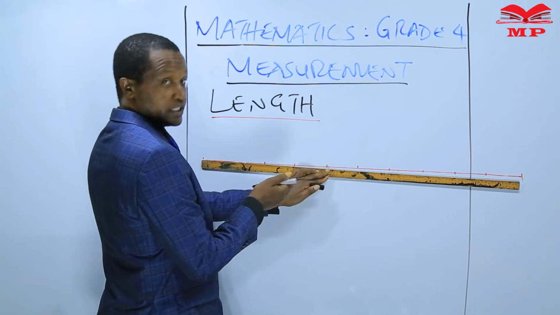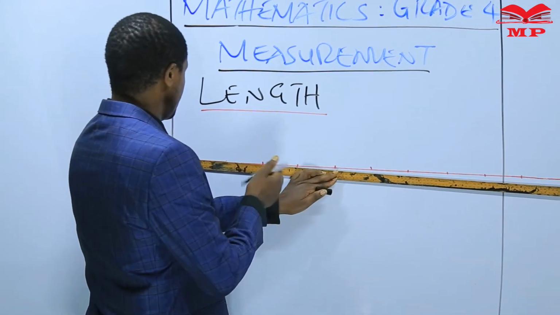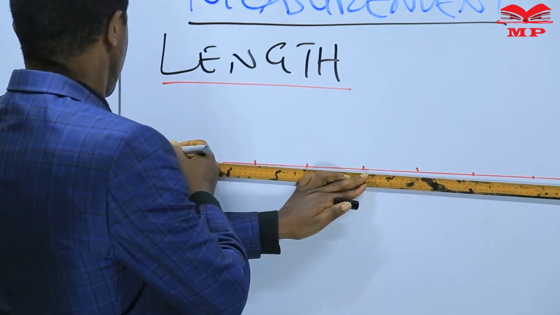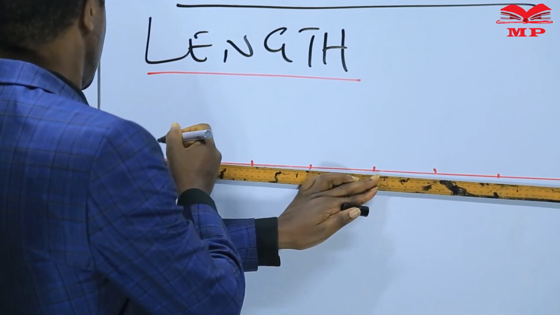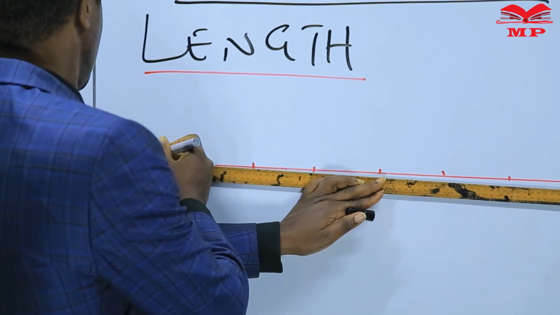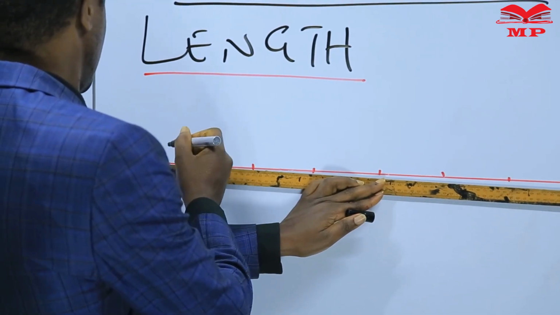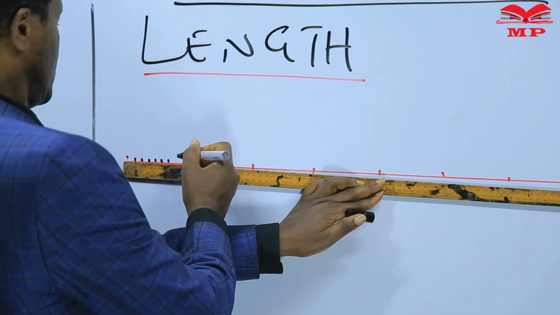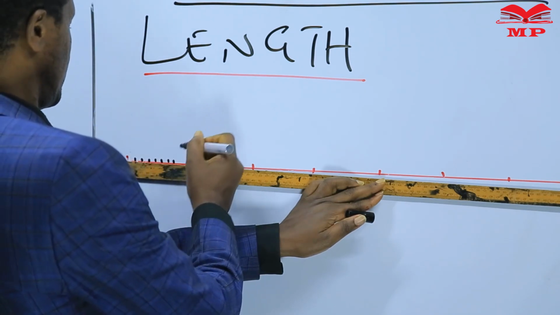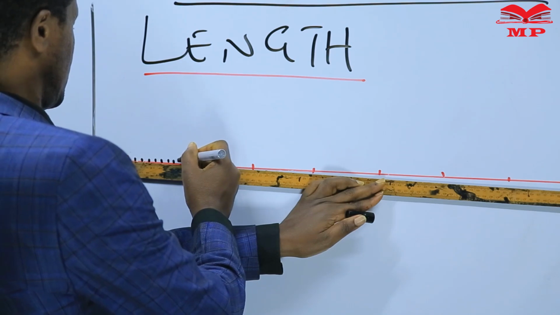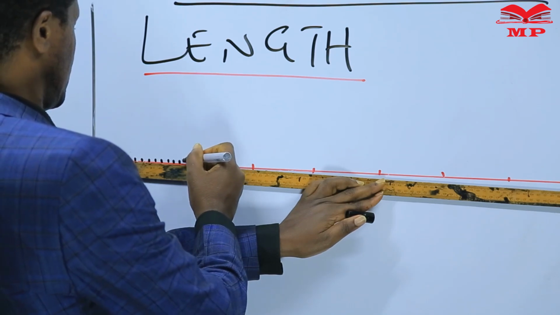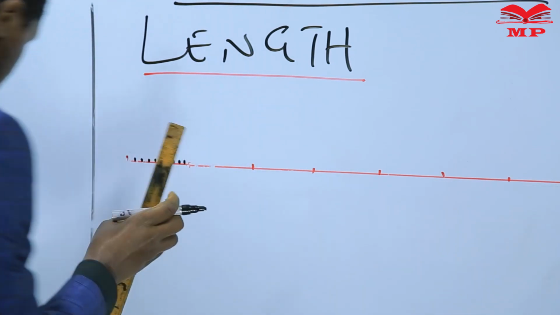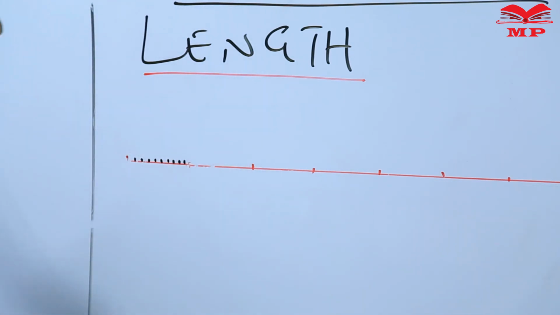I have 1, 2, 3, 4, 5, 6, 7, 8, 9. Okay, that is what I mean.